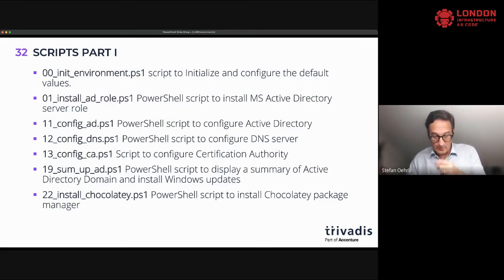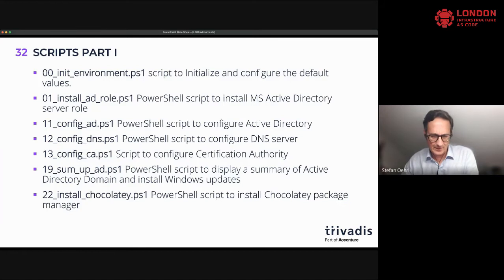Then just going through the scripts here now, I have split them up into different activities. I have one to set up the AD role, which is really installing the AD role on the server.